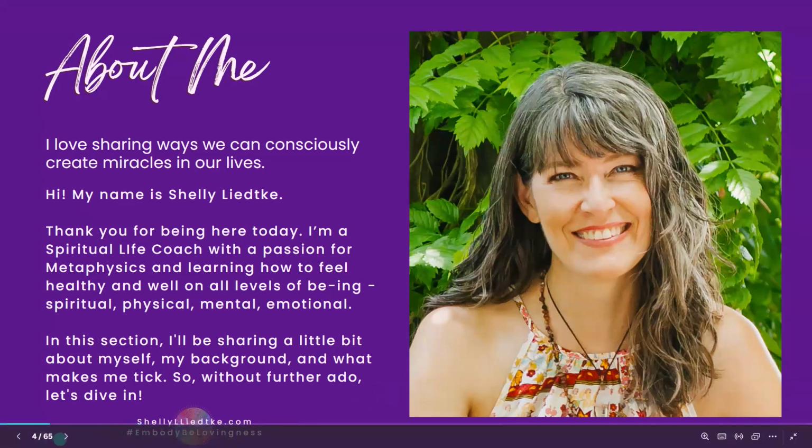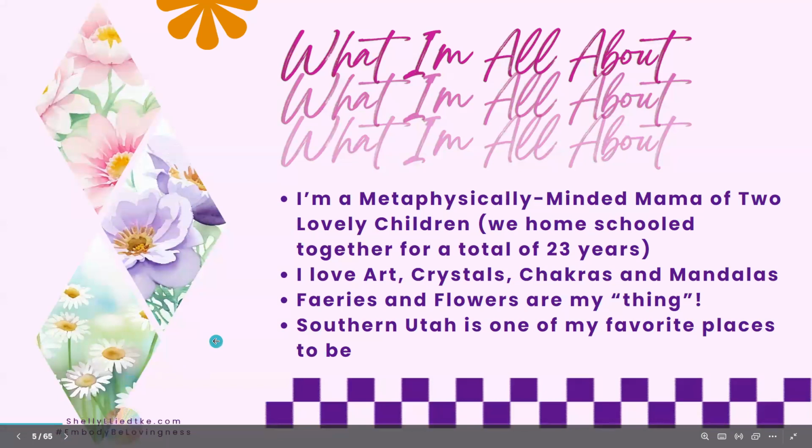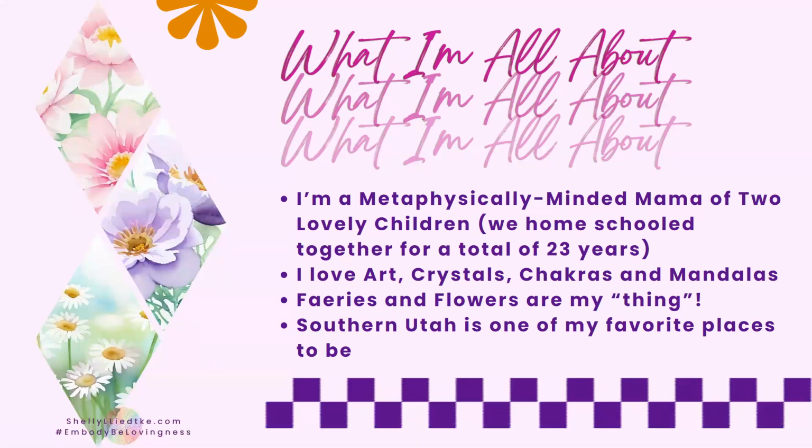So let's see. Just a little bit more about myself. I'm a metaphysically minded mama of 2 lovely children. We homeschooled together for a total of 23 years. My son is 30 years old. He is a reflector, and my daughter is 26, and she's a manifesting generator.